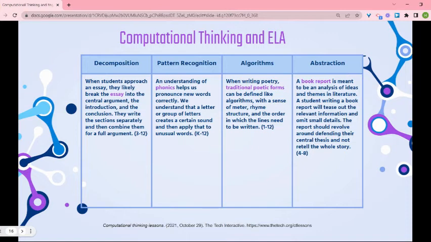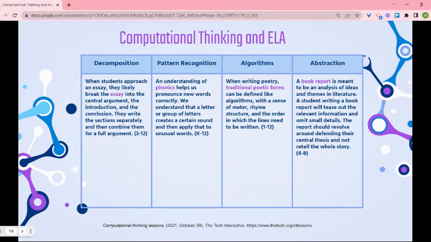Pattern recognition. If you're doing any phonics, there's a specific pattern recognition that you're asking students to use to help them sound out new words, right? Algorithms. You could go back to the essay, and if you're thinking of something that is typically taught, the 5-paragraph essay, right?